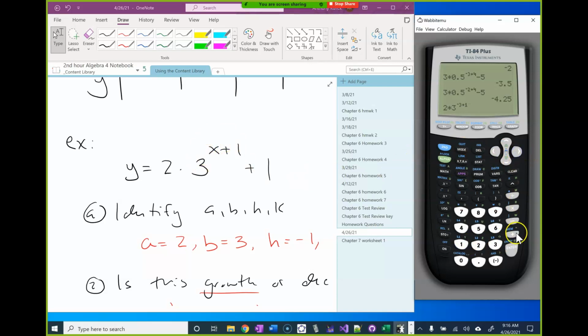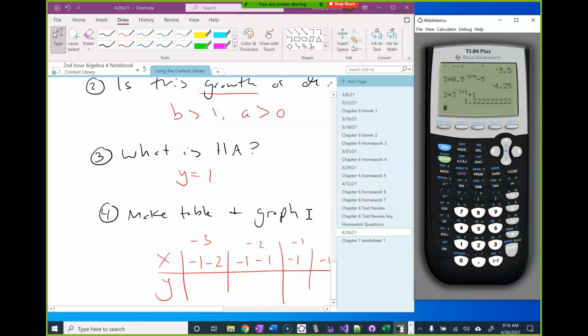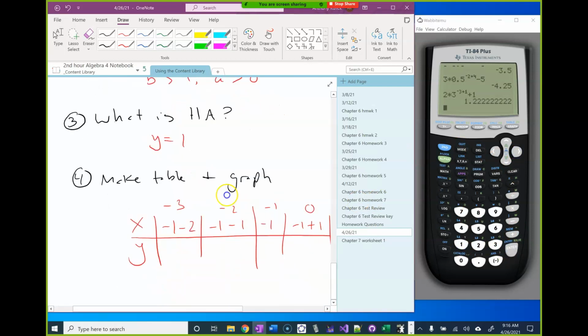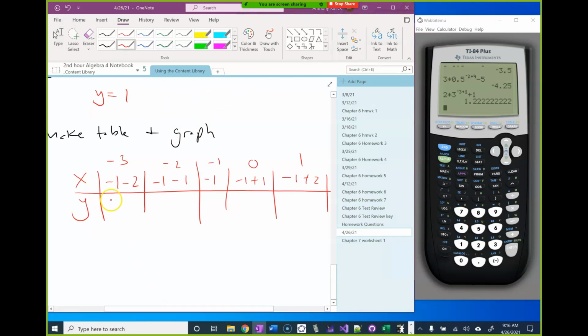That was my first x value. And then we'll plug -2 in. And then we'll plug -1 in.